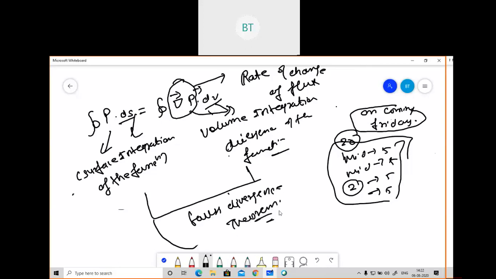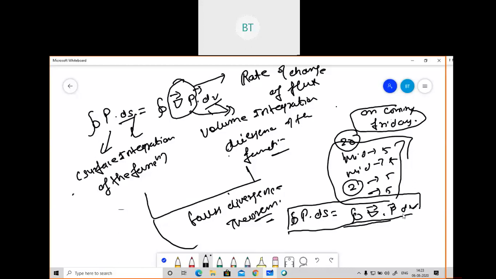If you cannot see it clearly, I'll write here also: P dot ds equal to... This is basically the formula for the Gauss divergence theorem.